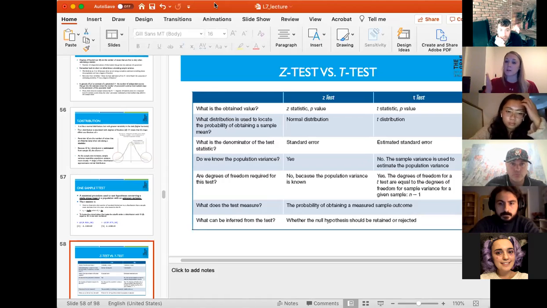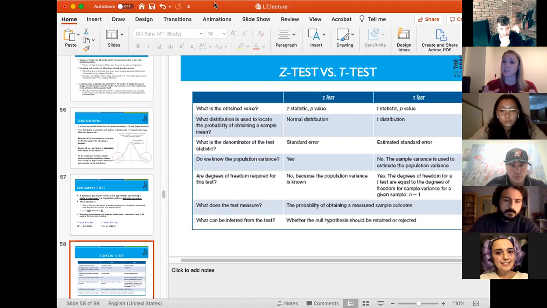But if you think of them in a pattern, think of how they're similar and where, because most of them have this core structure that we're taking some kind of mean difference and dividing by some kind of standard error. Every single test that we're going to do basically has that structure. It's just the circumstances change depending on which one. Here is the first chart for that.